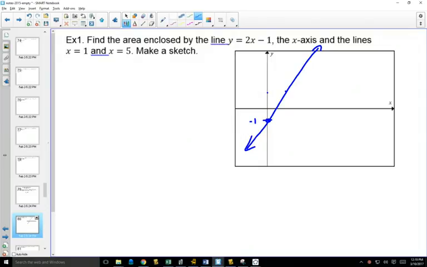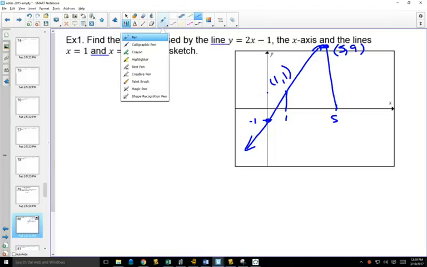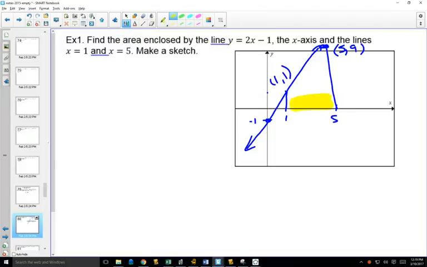And from x equals 1 to x equals 5, I've got the point (1, 1), and up here, I know it's a little bit off, but I'll have (5, 9). Imagine those lines are straight. We are looking for that area.